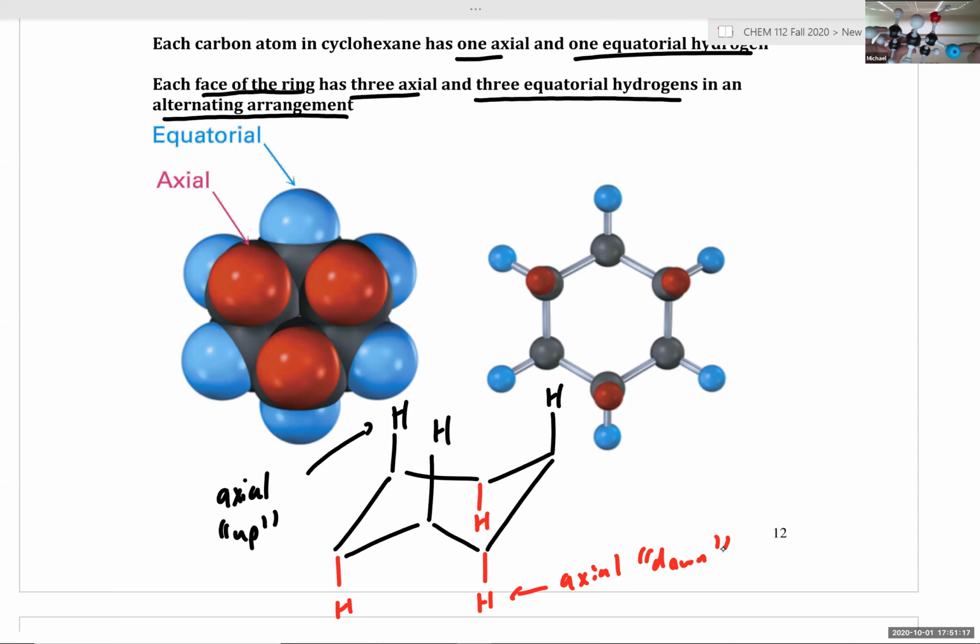Is this pointing up or down? How is this equatorial hydrogen pointing? It's pointing down, exactly right. And this occurs at alternating carbons.